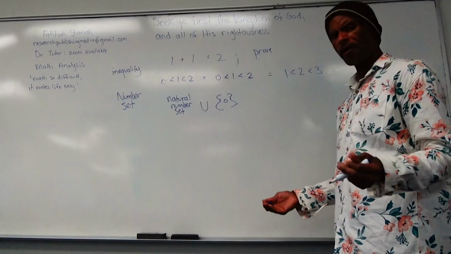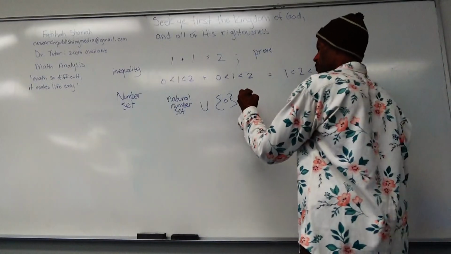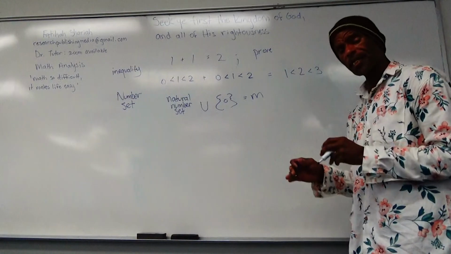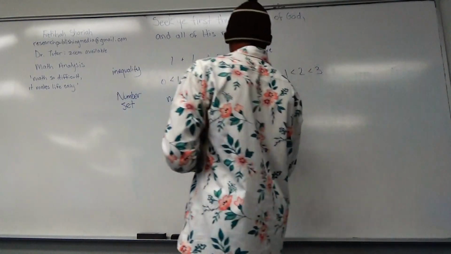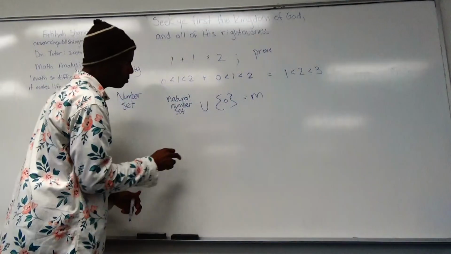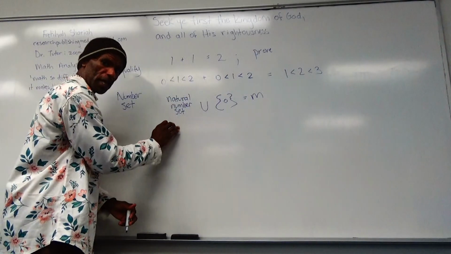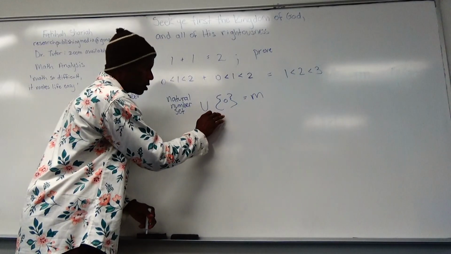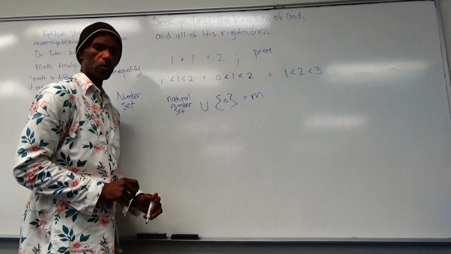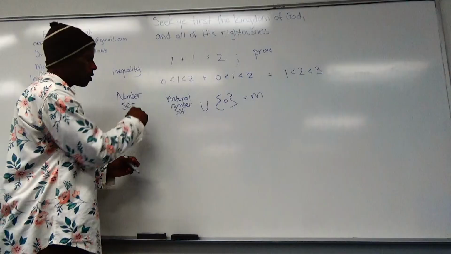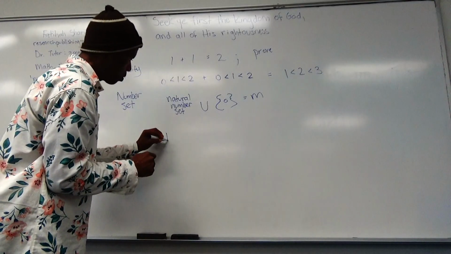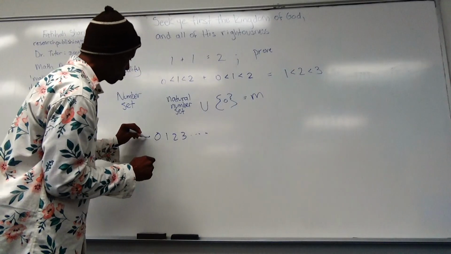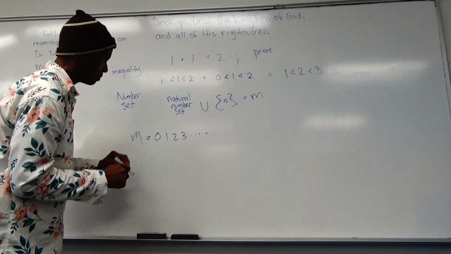And then what variable you want to call it? Let's call it M. So we have a set M. Set M is the natural number set union with the set 0. So that'll give you 0, 1, 2, 3 to infinity, and we equate that to the letter M.